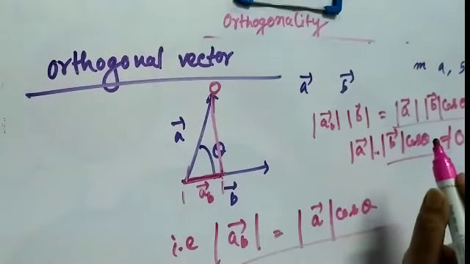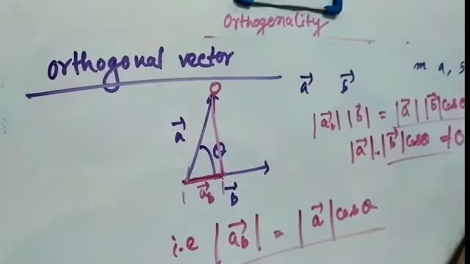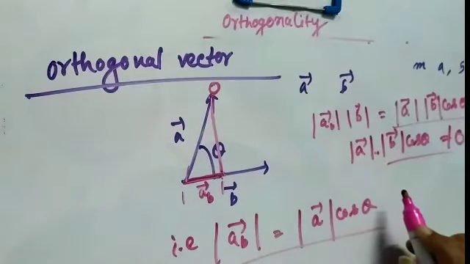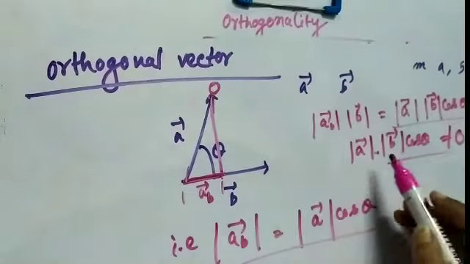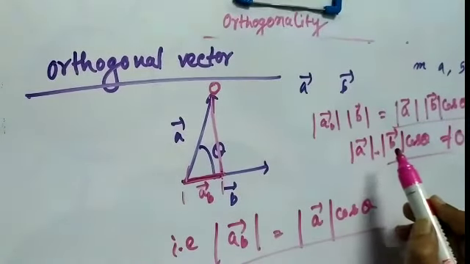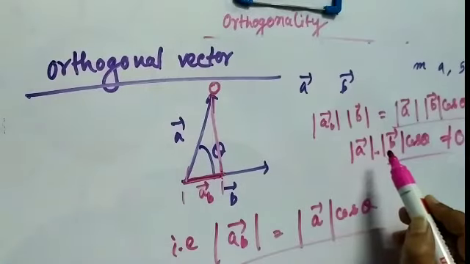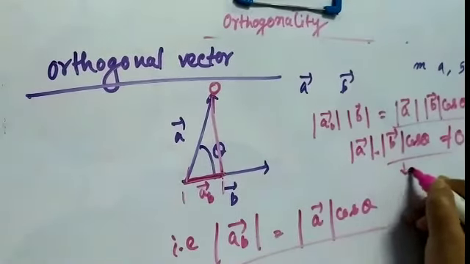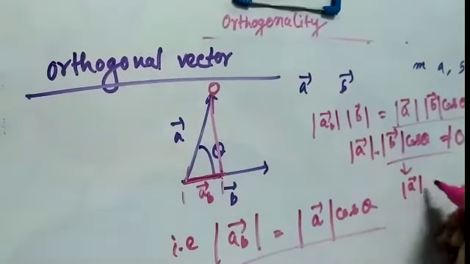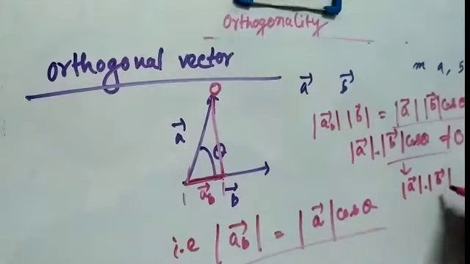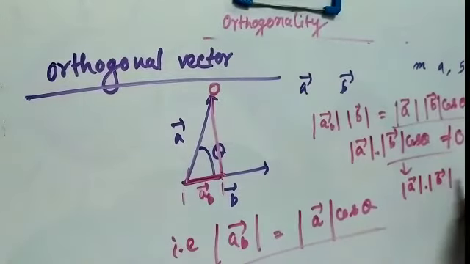You already know the dot product and cross product, which are vector multiplications. Here the dot represents the scalar product, or dot product, of the vectors. So we can write from this equation that the mod of vector A and B is not equal to 0.